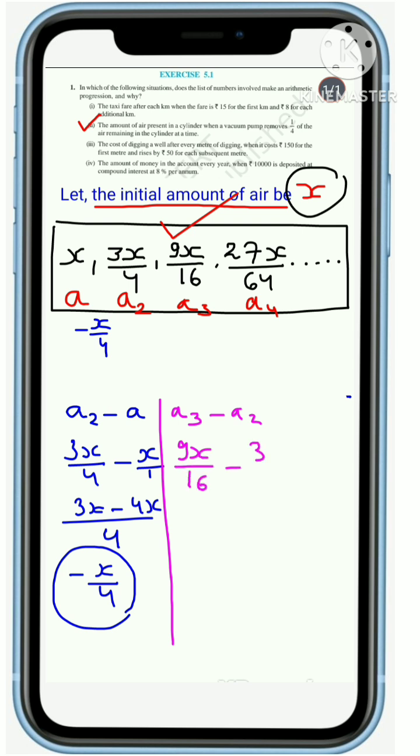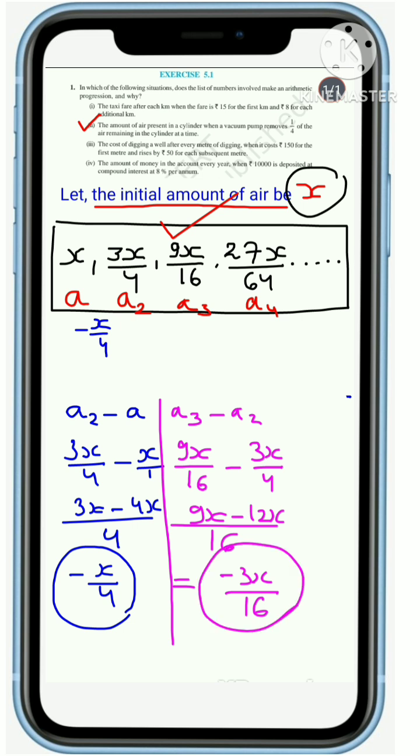A2 we have 3x by 4, and LCM of 16 and 4 will be 16, and here will be 9x minus 12x, and after subtracting we obtain minus 3x by 16. So difference between A3 and A2 is minus 3x by 16.